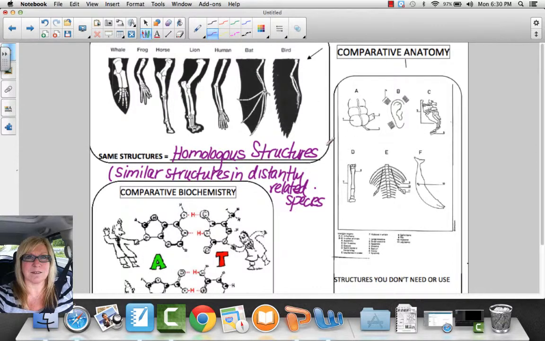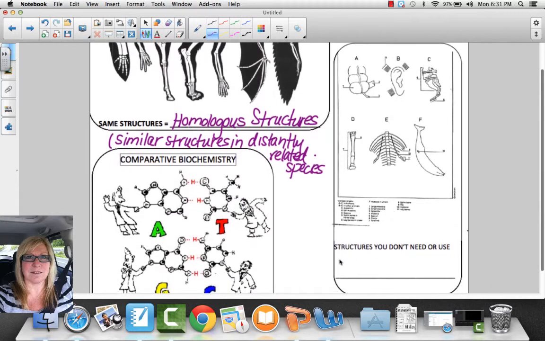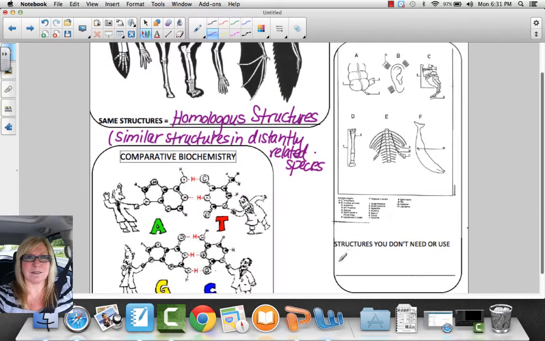And then we have something called comparative anatomy. And here you see different types of structures. Some of them are probably no longer useful. So what do we call these structures that we don't really need anymore or that we have no use for? They are called vestigial, which is another vocabulary word.